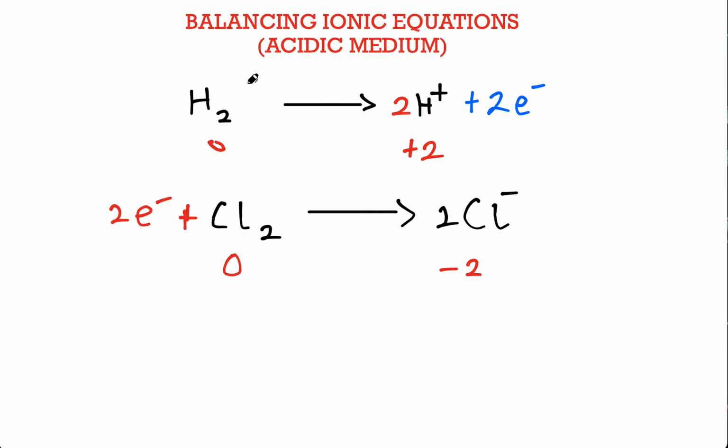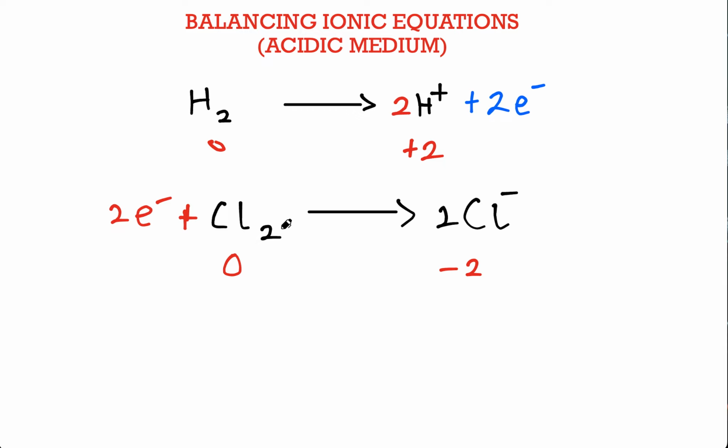Now, whenever you are moving from a neutral state to a plus state, that is oxidation because there's an increase in oxidation state, or whenever an electron is being lost by something, that is oxidation. But whenever you are moving from a 0 state to a negative ion state, that is reduction, because the process of adding electrons is reduction.